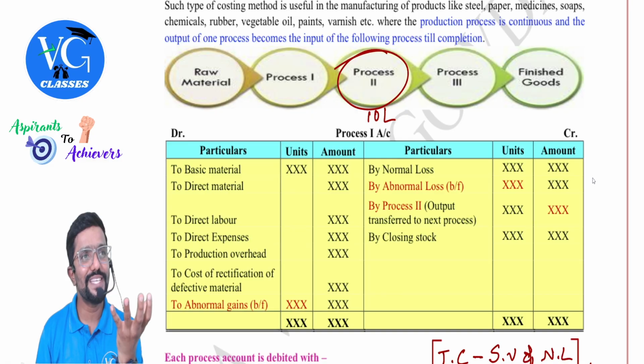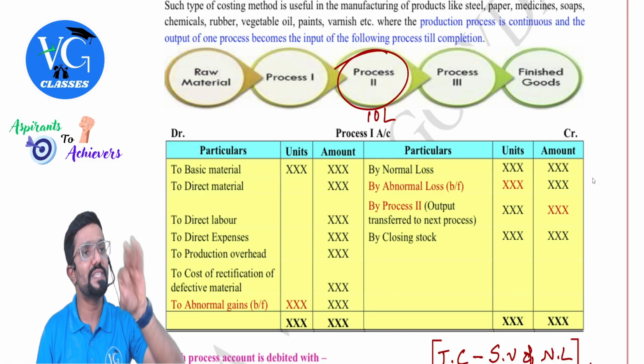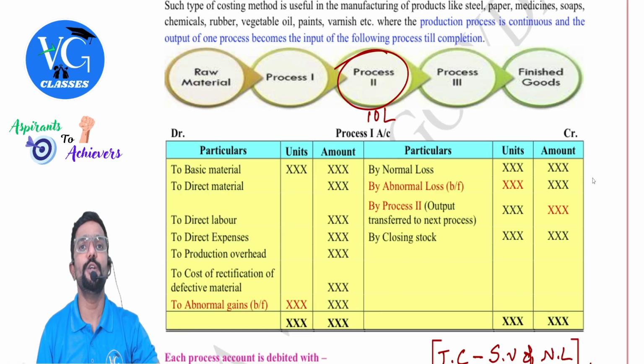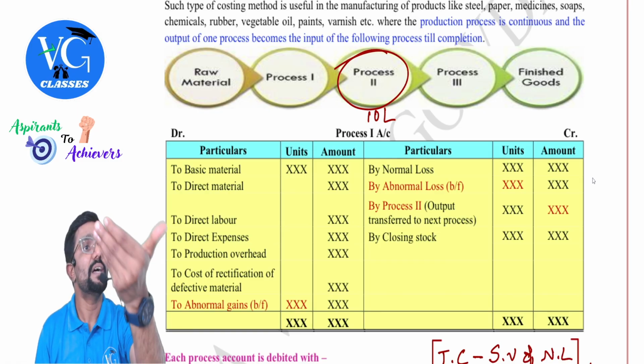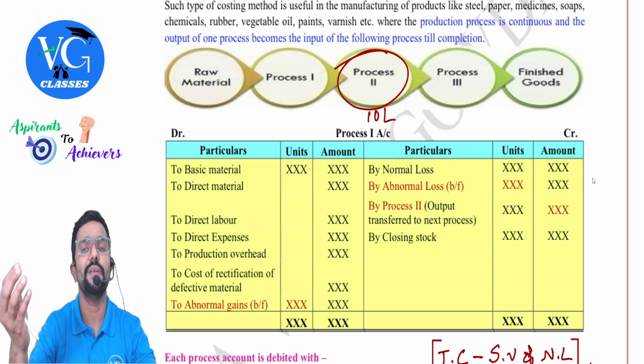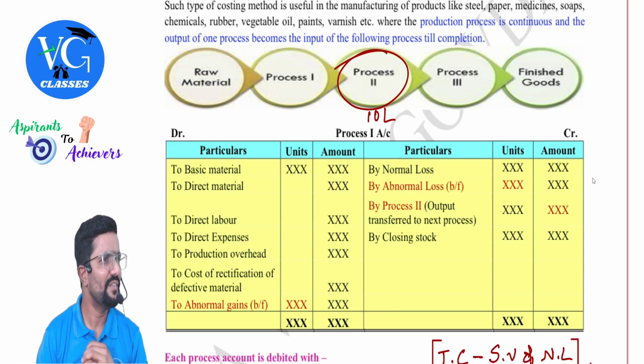But my closing stock will have some profit which is added by previous processes, which we call unrealized profit. What should we do with this, sir? Create a reserve and remove it. Why so? Because we cannot make profit by keeping the goods with us only. Will accounting standard allow recognizing the profit by keeping the goods with you only?